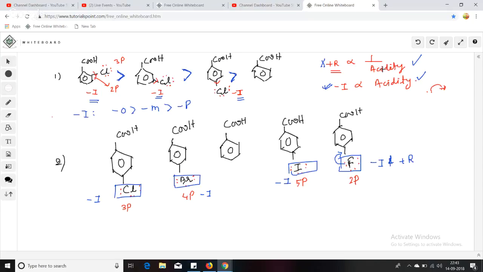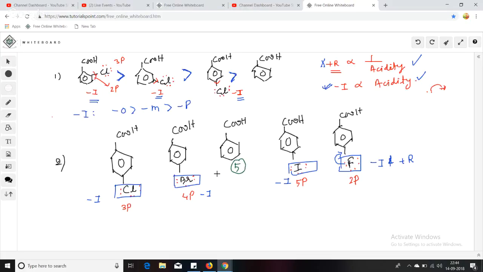All these minus I groups are increasing the acidity of benzoic acid. So we have five compounds. Since all these compounds show minus I effect, obviously benzoic acid is the minimum acidic compound we have here, right? So this compound is fifth number, minimum acidic.